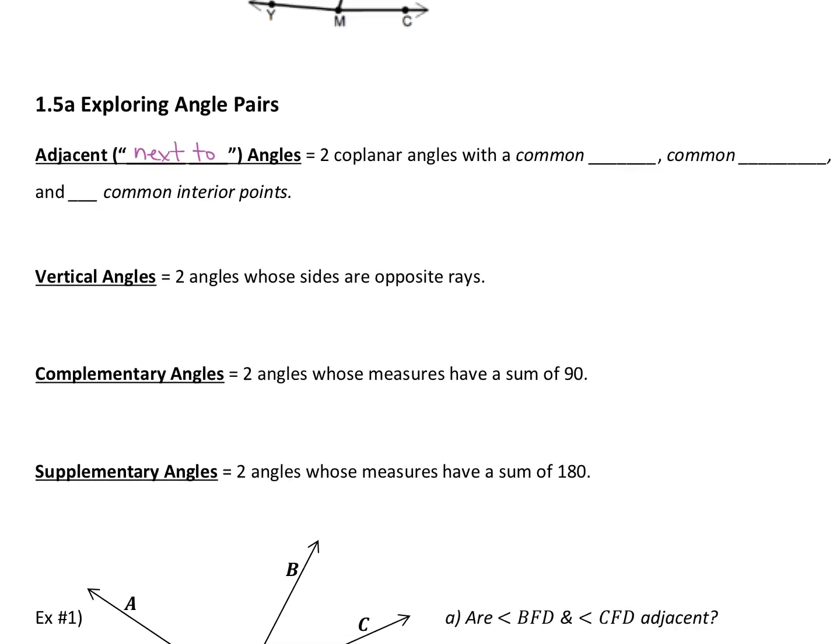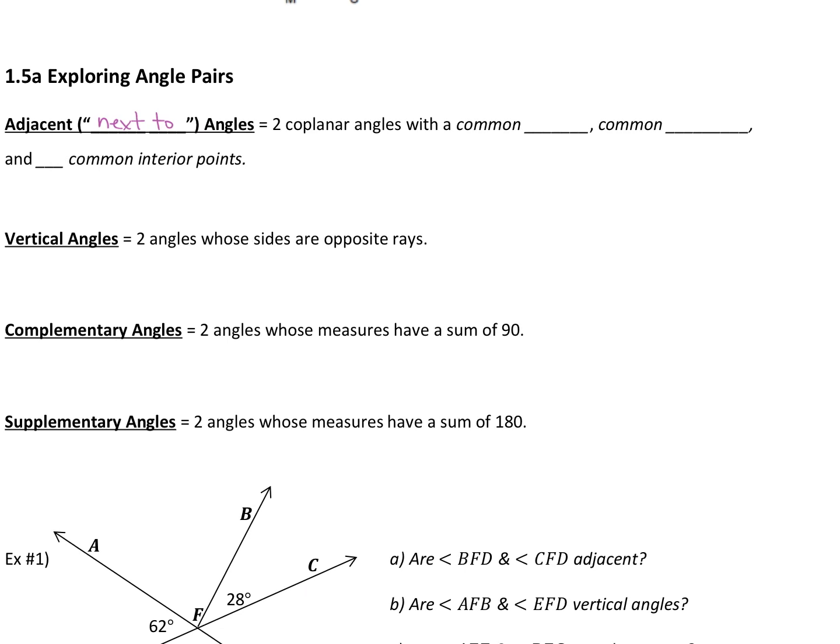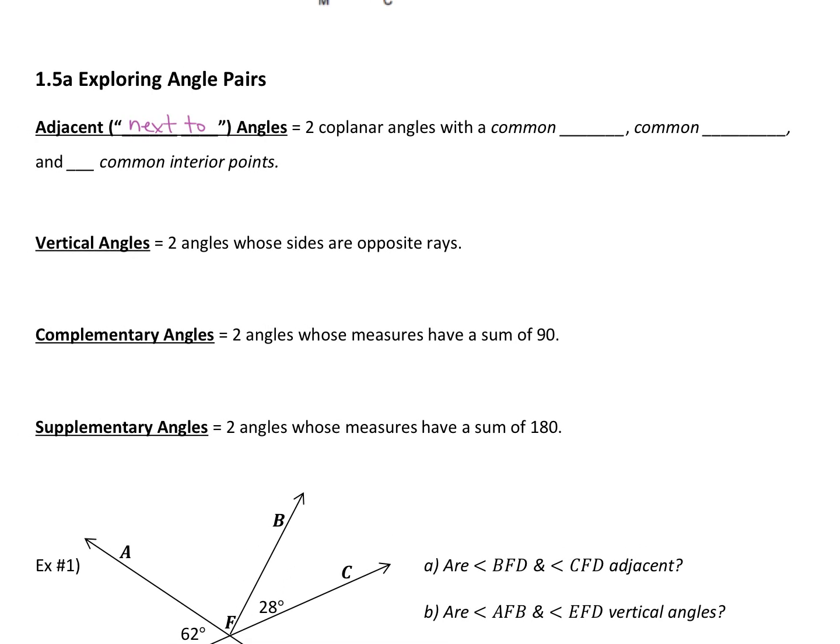So two coplanar angles, they are going to have a common, that's a good word for math, but they're going to have a common side to them. They're going to have a common vertex and no common interior points. Okay, so I'm going to show you some examples of what are adjacent angles and what are not adjacent angles.